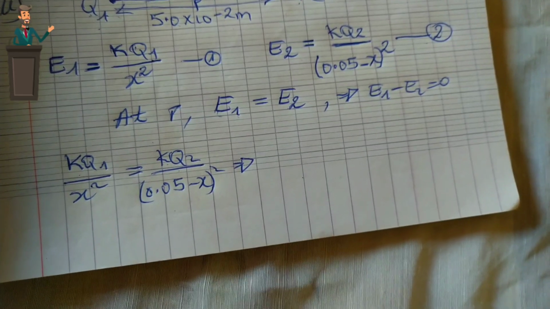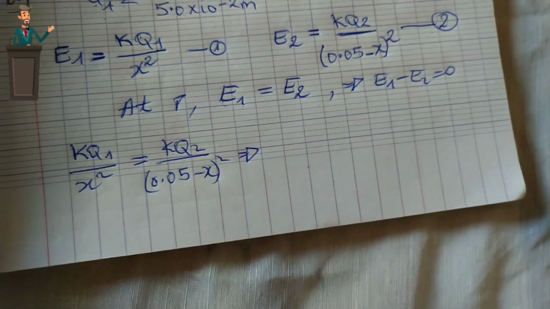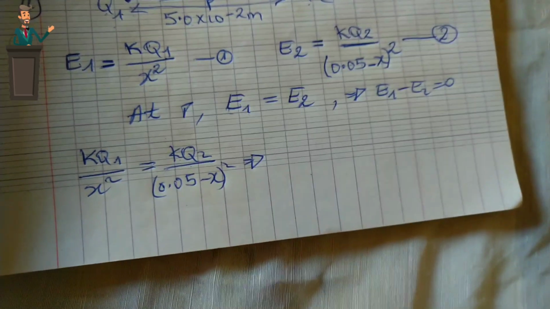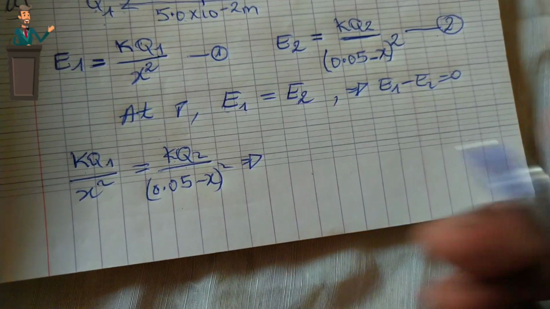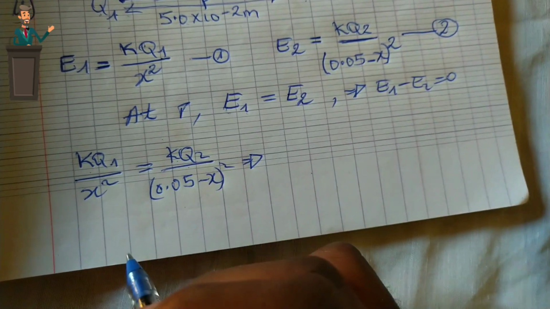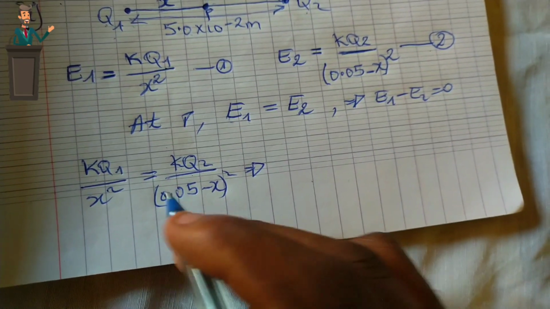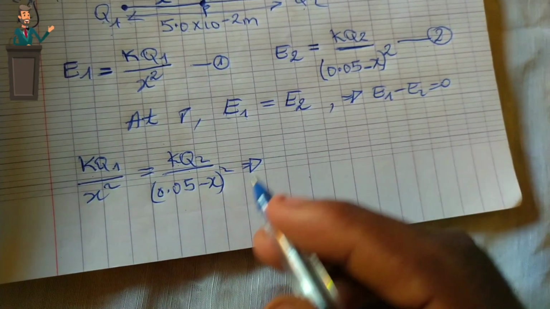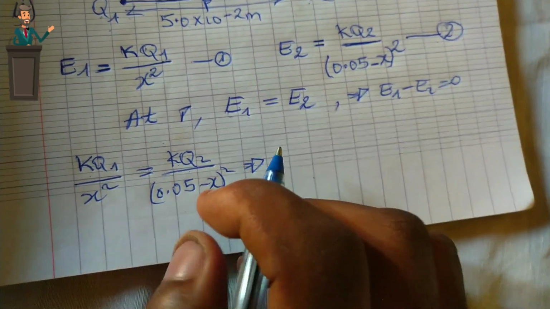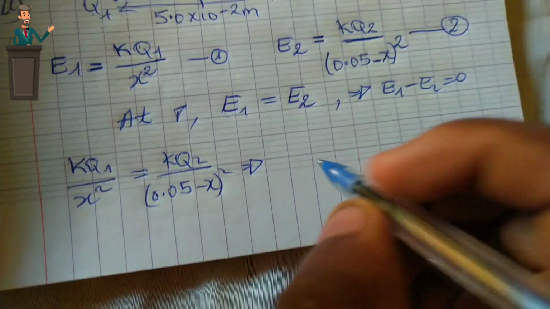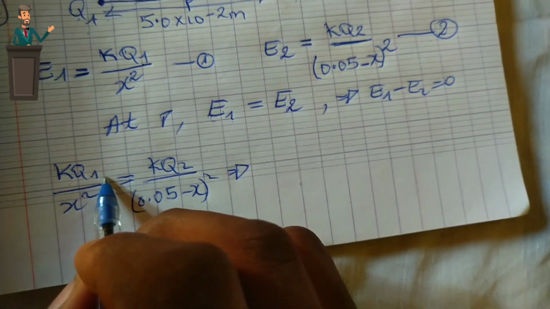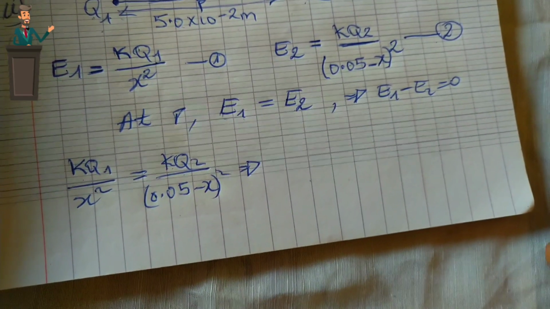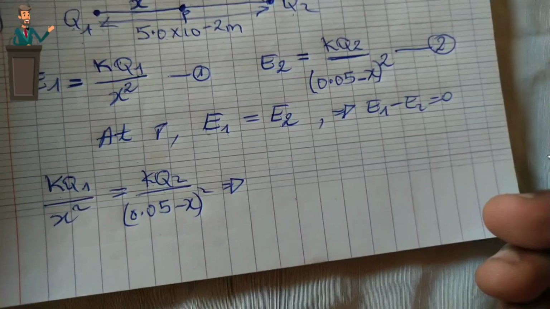It is a constant, and it is the same for the charge Q1 and the charge Q2. They are just going to cancel. So we are left with Q1 on x squared equal to Q2 over 0.05 minus x, all squared. After we have cancelled K, now we fit in Q1 and Q2.